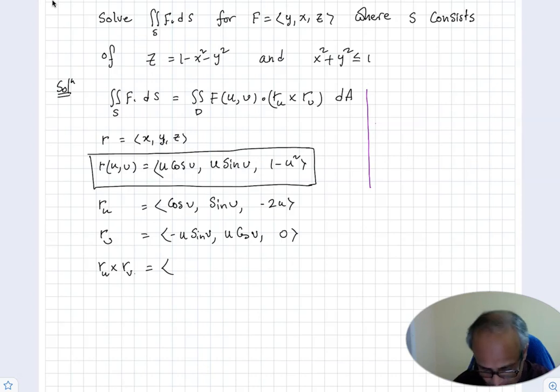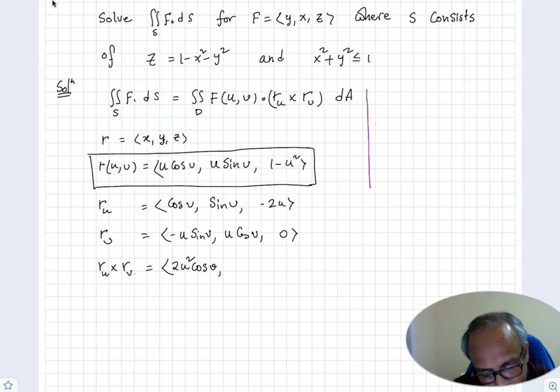So the cross product will be, you can also cross check in your way of calculation of cross product, but that's straightforward. 2u square cos v, and then we look at the middle term where we have a minus sign, so we change the order of the calculation of the cofactor.